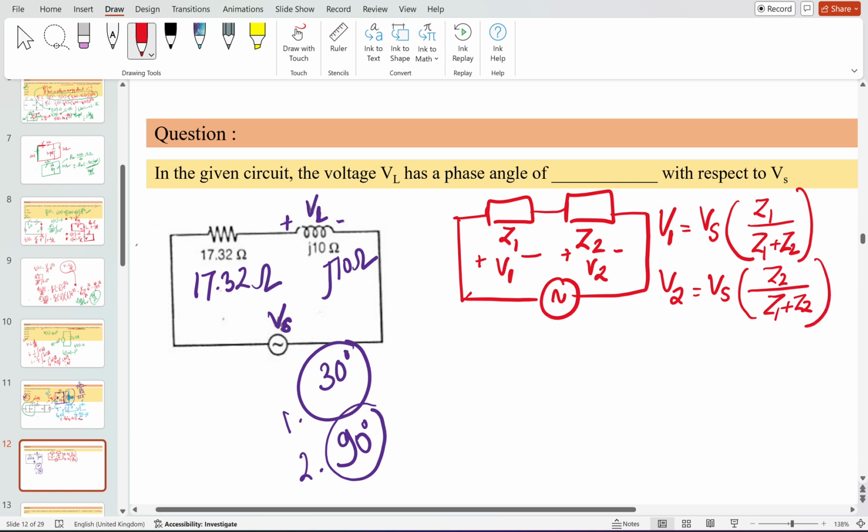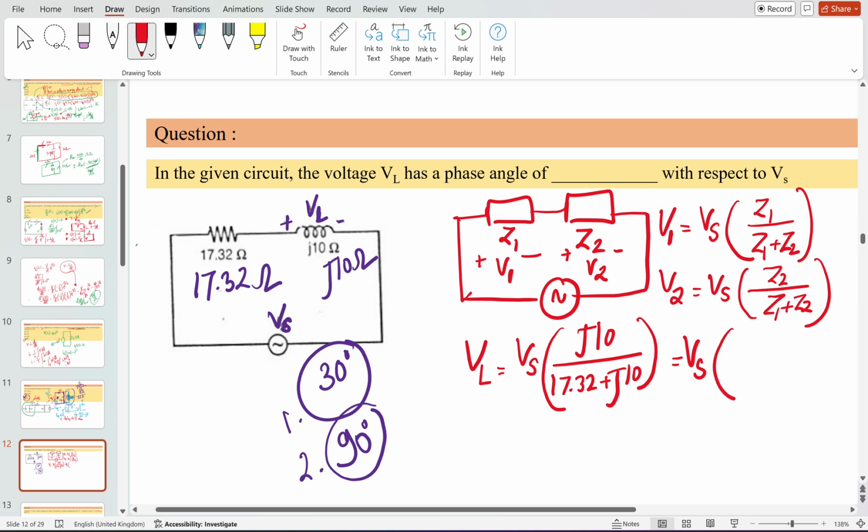By the same principle, what is the value of VL? VL will be equal to Vs multiplied by J10 divided by 17.32 plus J10. Let's assume that Vs is at an angle of 0 degrees. You have to take one as a reference, so that you will be able to find out the other. Let's solve it.